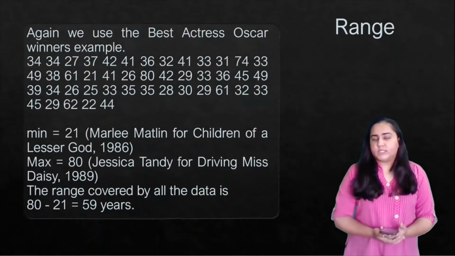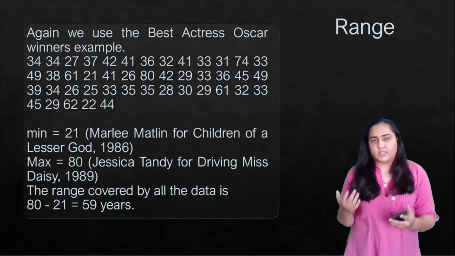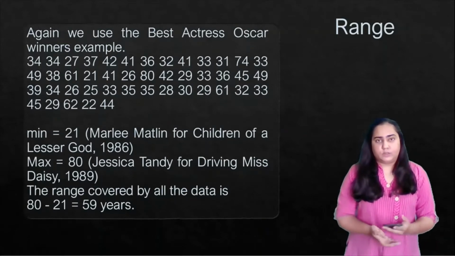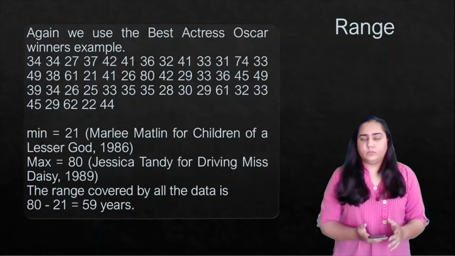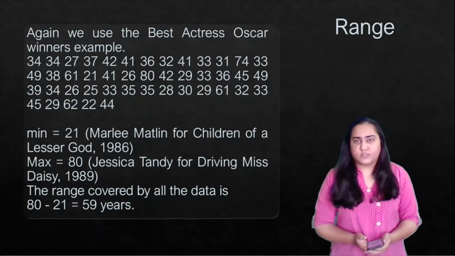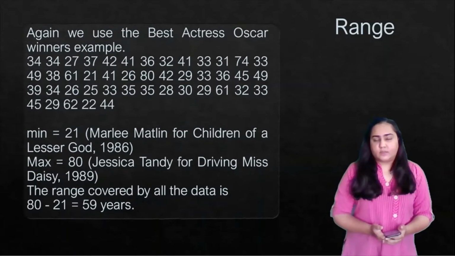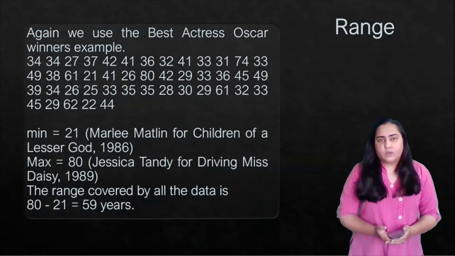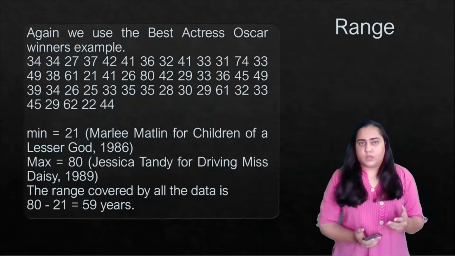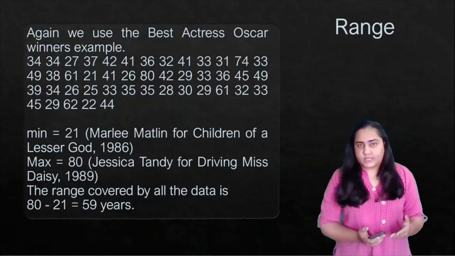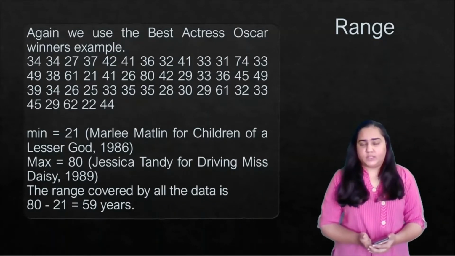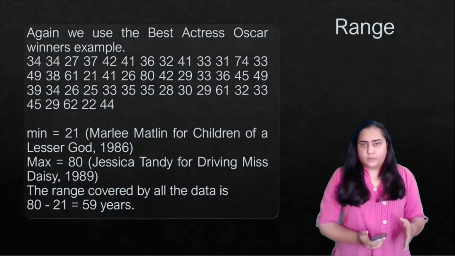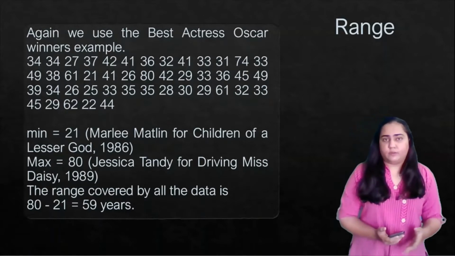Now let's take a look at an example where we are calculating an actual range. Once again, I'm going to use the same data set that we used earlier in the previous videos, which is the Best Actress Oscar winners data set. If you would like to take a look at it, I have attached an Excel file down below in the description box.